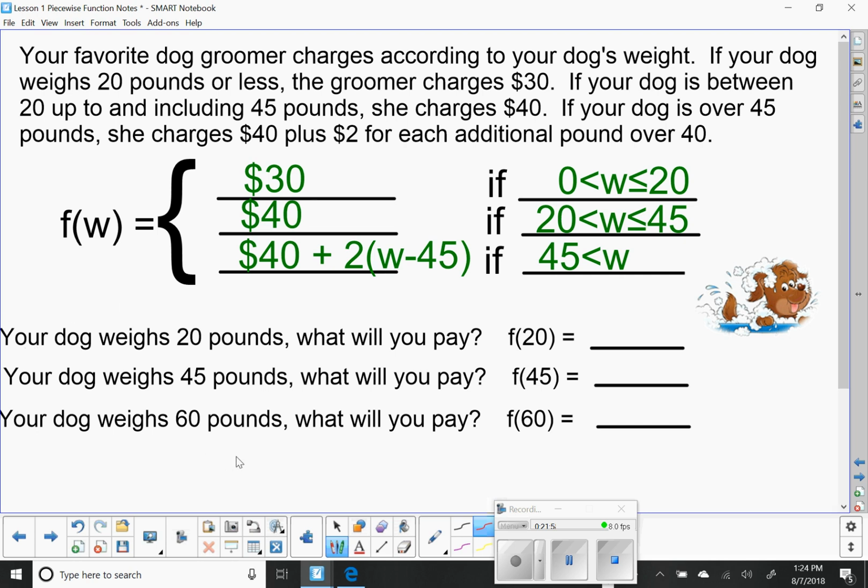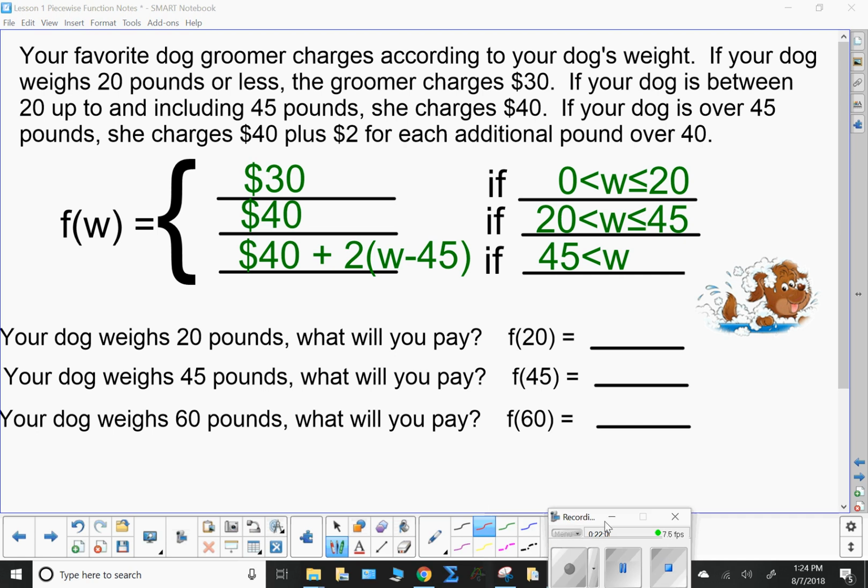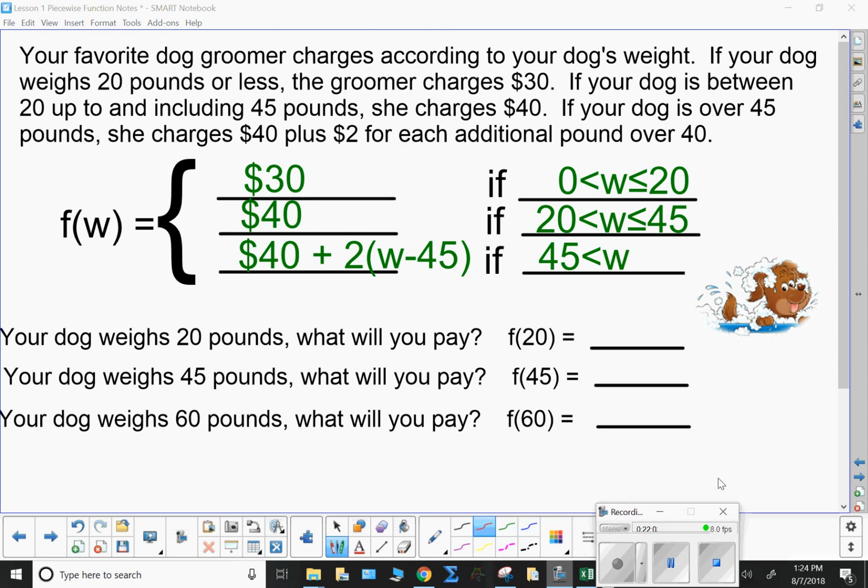Your dog weighs 20 pounds. If your dog weighs 20 pounds, lucky you, it's the most it can weigh and still just pay $30. Your dog weighs 45 pounds. Again, lucky you, you're at the top end of your $40. Your dog weighs 60.